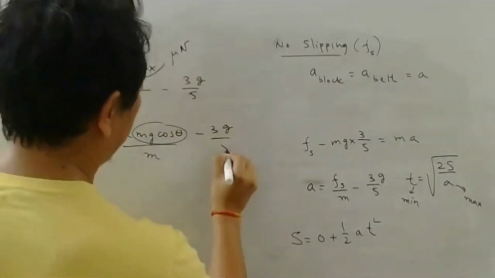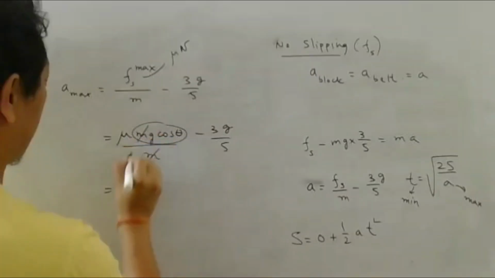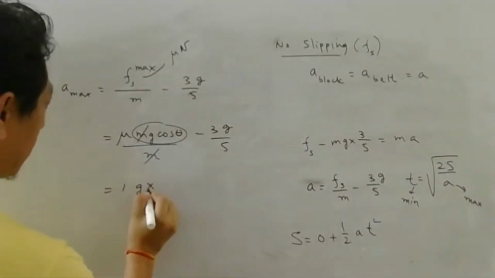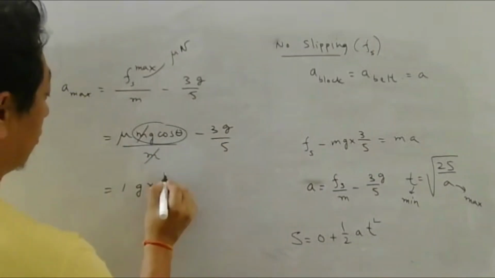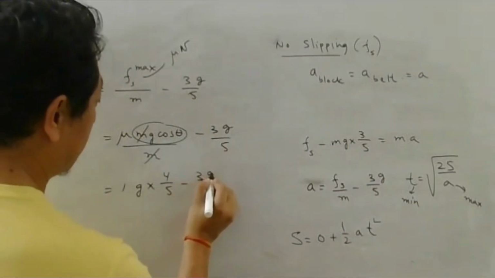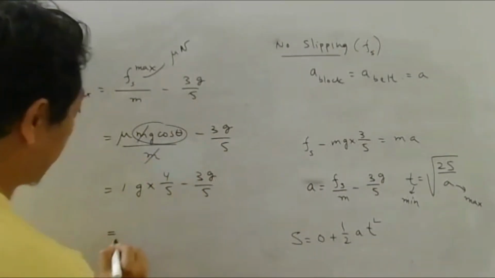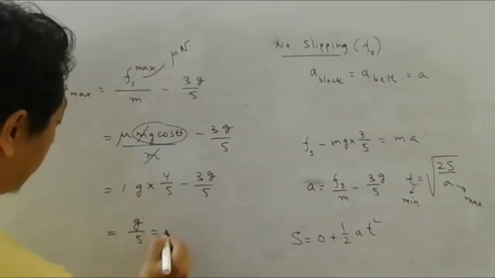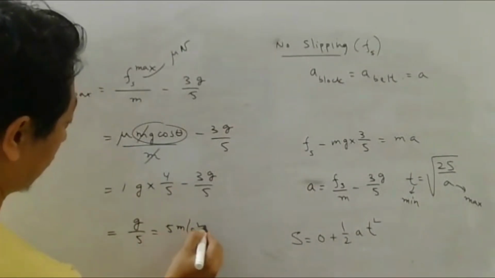Minus 3g by 5. M gets cancelled. Mu value was how much? 1. And cos 37 was 4 by 5. So that will be g by 5. That will be simply 5 meter per second square.